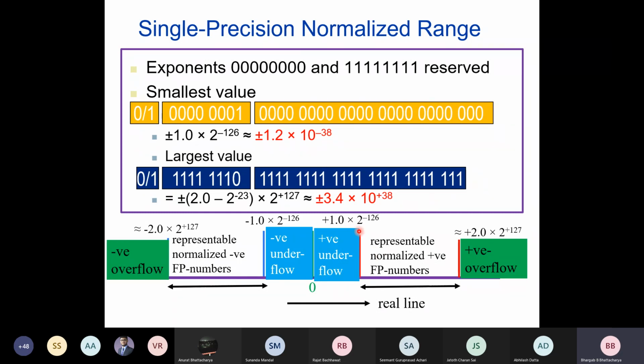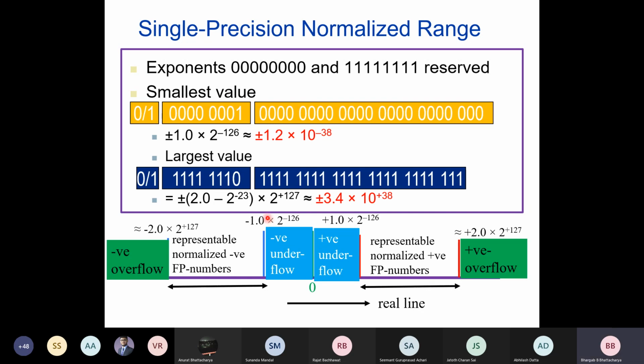So this is the minimum value, right? The smallest representable value. And then the next number you can represent is 0 here, right? From both directions. So there is a sharp underflow here.